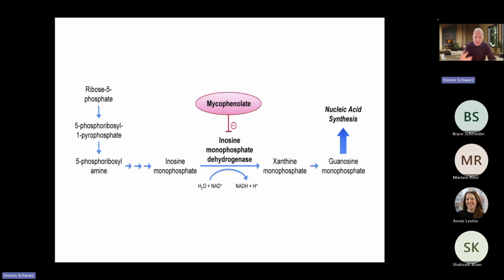And here's a schematic of how it works. It blocks inosine monophosphate dehydrogenase, leading ultimately to blocked nucleic acid synthesis. If you can't make nucleic acids, you can't make DNA. And in this case, when it gets into the lymphocytes, it arrests replication.